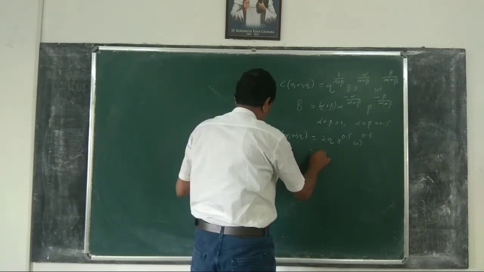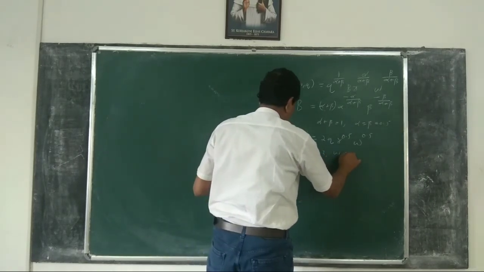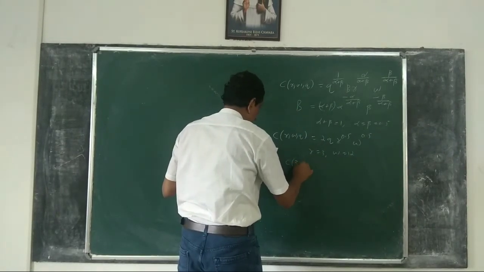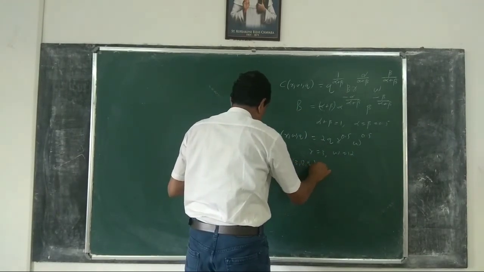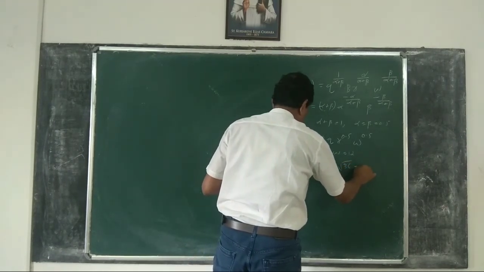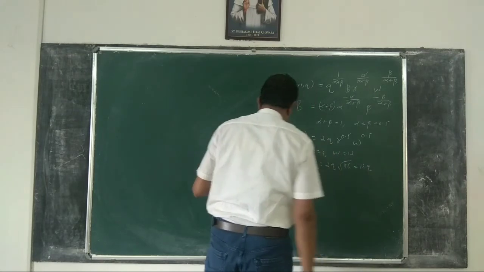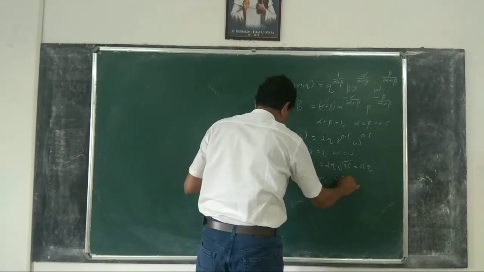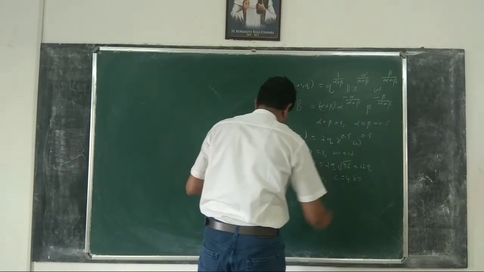If you assume that R is equal to 3, W is equal to 12, then C(3,12,Q) is equal to 2Q root 36, which is equal to 12Q. And for Q equal to 40, C is equal to 480.